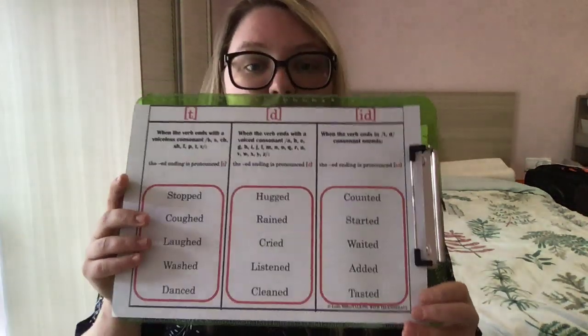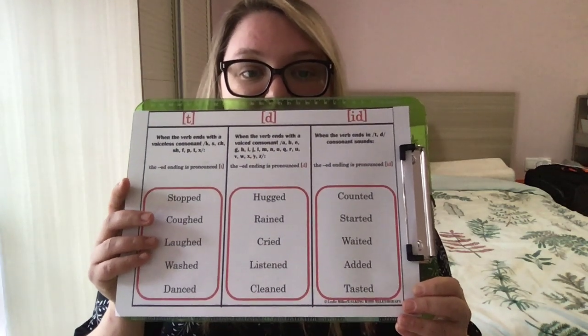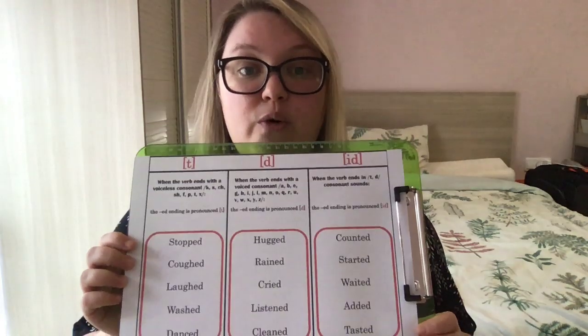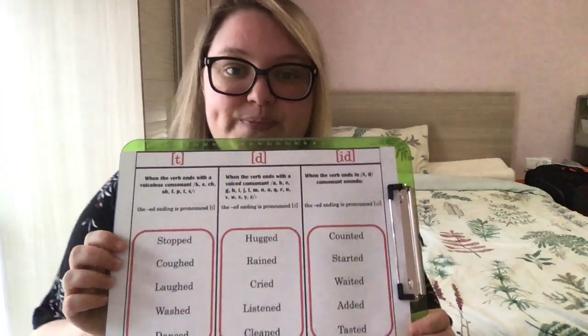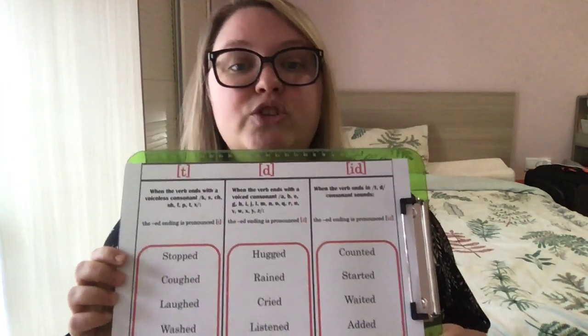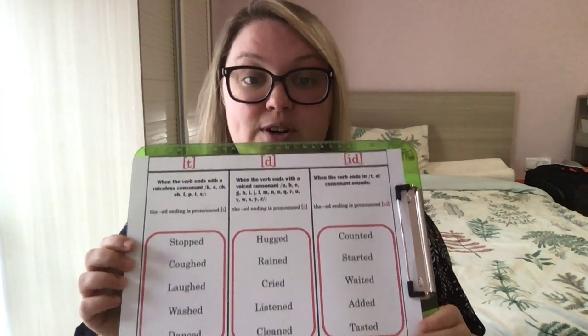Many times you could work on remembering what verbs make what sounds in past tense, okay? Many of you have been sent this sheet. We're going to go over it together and then do more examples, okay?